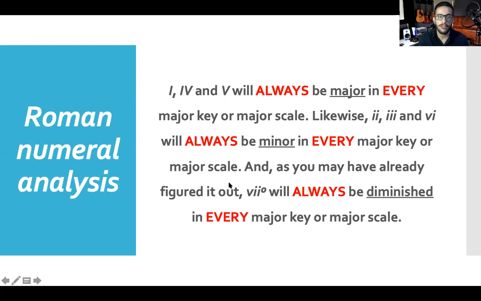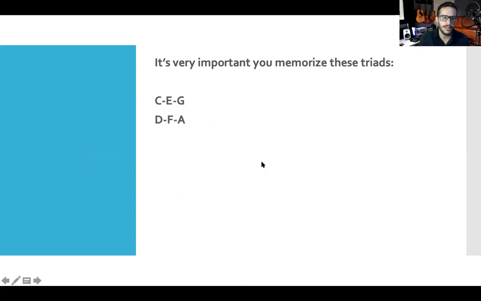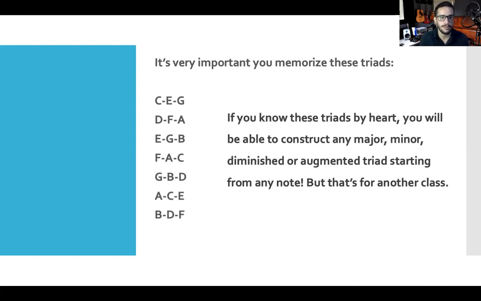And as you may have already figured out, 7 diminished will always be diminished in every major key or major scale. Before that, it's very important that you memorize these triads. Not for now, but for the next time we see music theory, we are going to do some activities with these triads, and then you will have to remember them and memorize them.